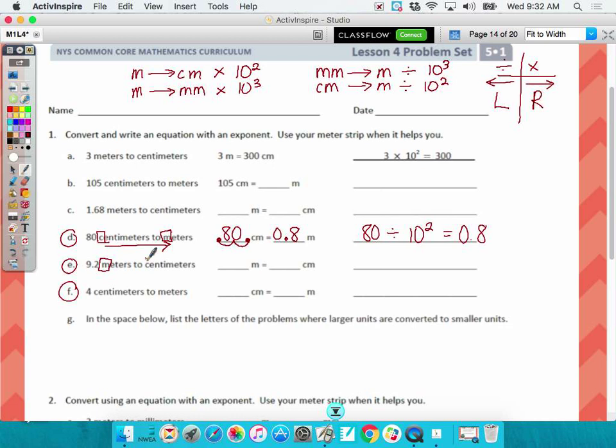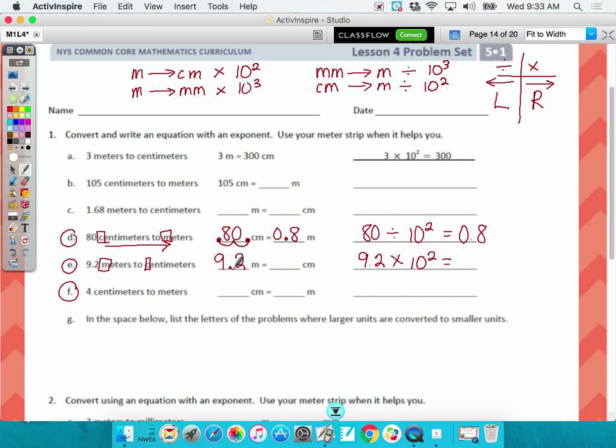Meters to centimeters. Multiply by 100, which is 10 to the second, right? Okay, now this number has a decimal in it. 9 2/10. And if I'm multiplying, which way does my decimal move?